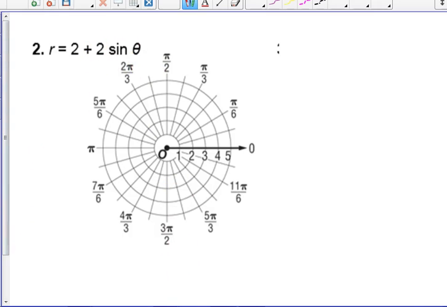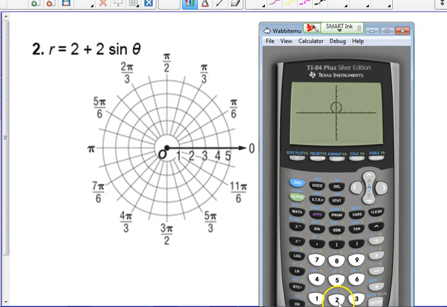2 plus 2 sine theta. The plus tells me it's another lima bean looking thing. This is actually on your sheet when it doesn't have the inner loop.